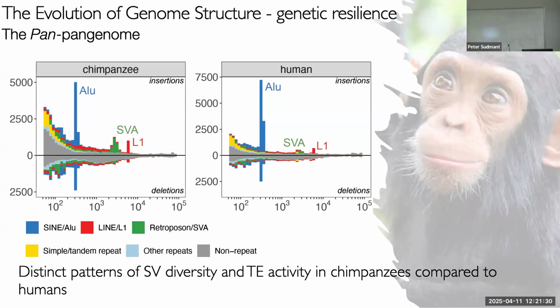The ALU peak is much smaller, but the SVA and L1 peaks are much higher. So what does that tell us? It tells us that these mobile elements have different activities in different species. Humans have very high activity of ALUs, whereas chimpanzees, we now know, seem to have much higher activity of SVAs and L1s.